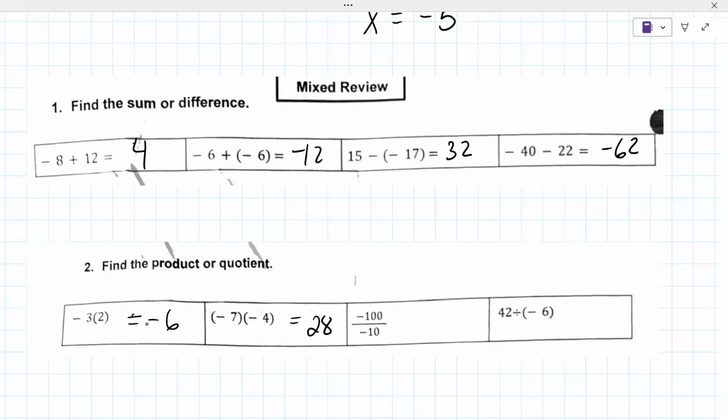Then 10, then -7. Very good. So what could happen is that the rules could be kind of difficult. So let's talk about number 3.